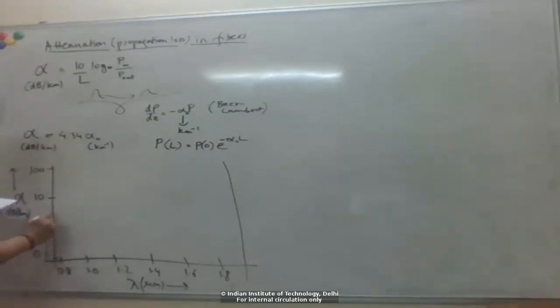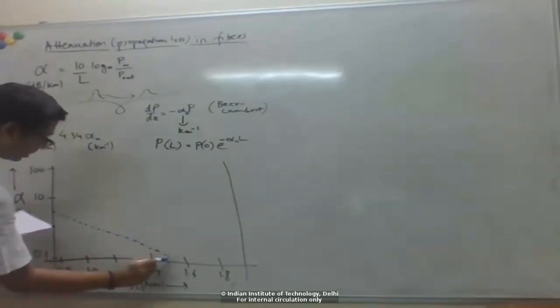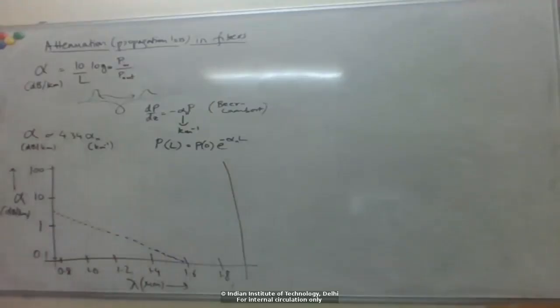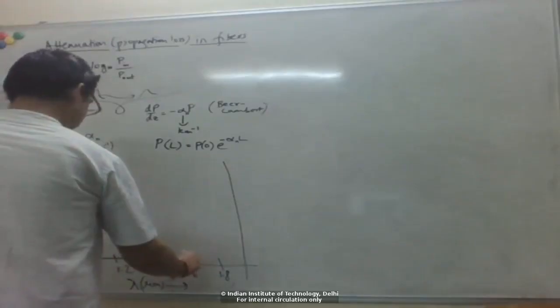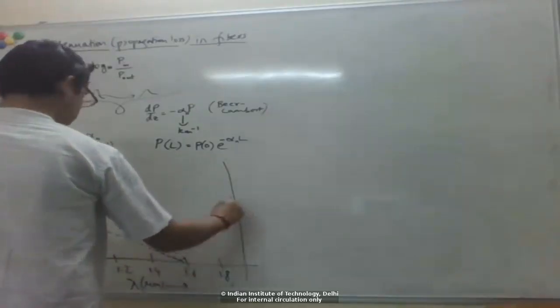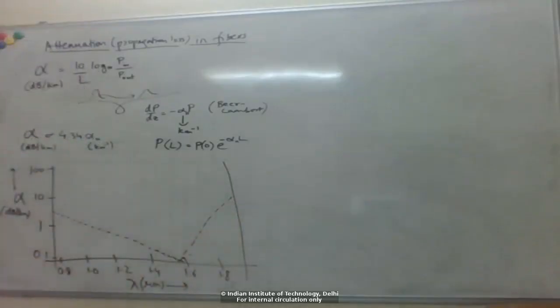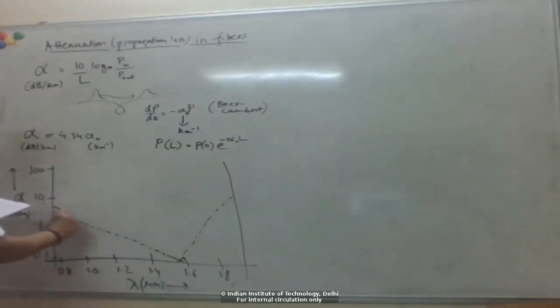Okay, so there are these fundamental limits which we discussed. This is the dotted line here. If you take any typical optical fiber, the loss as a function of wavelength looks somewhat like this.